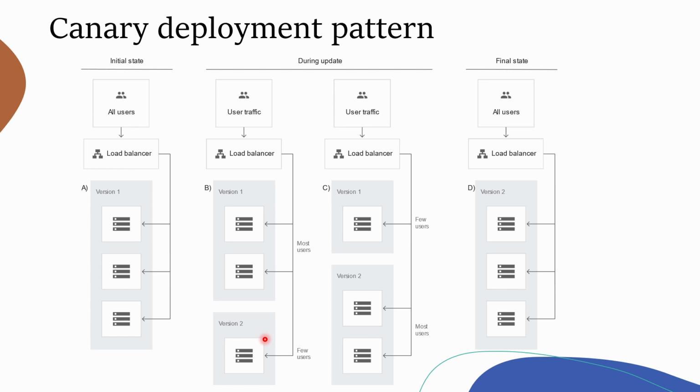That can be done as well. This all depends on your business need and how you want to do this Canary based deployment. But once you're satisfied, then you can slowly increase the percentage of users on version 2. Finally you will have version 2 running, with the new functionality, for all the users. So this is a Canary based deployment.